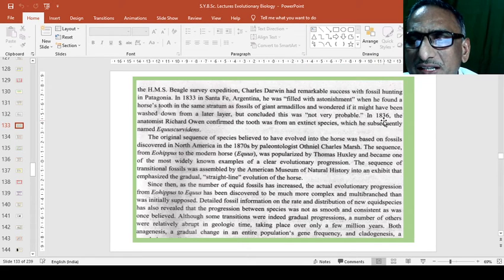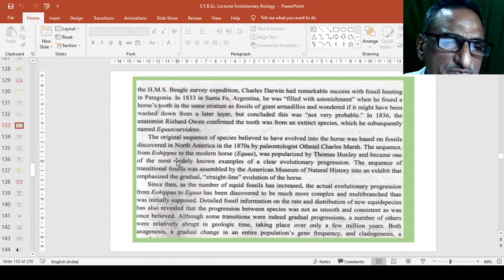In 1836, the anatomist Richard Owen confirmed the tooth was from an extinct species, Equus curvidens.